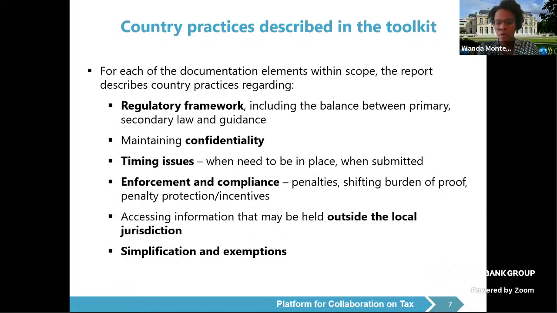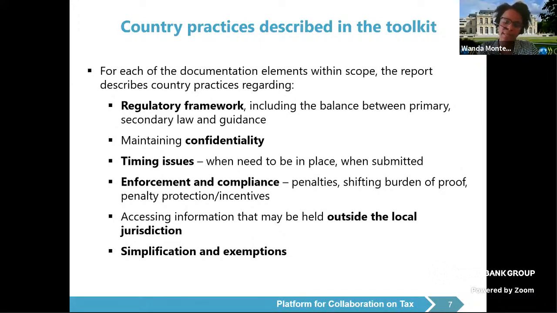It also discusses the issue of confidentiality, which is seen as very important by taxpayers. Timing issues, when documentation needs to be in place and when it has to be submitted.